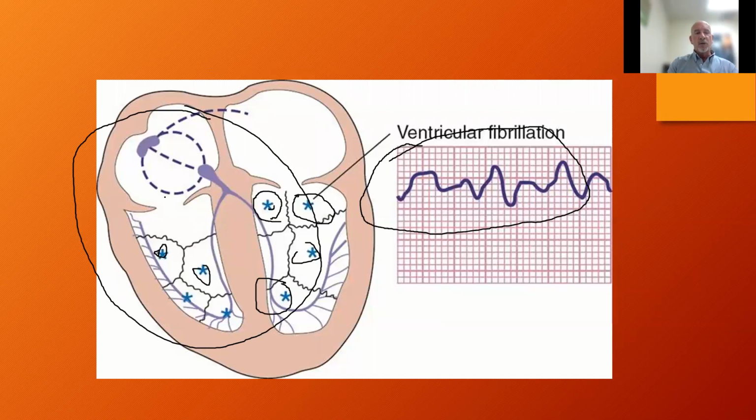And then hopefully the only one that starts back in again is your SA node and you go back to a normal rhythm. That's what you hope for. 90% of the time, that's what happens. How long they stay in that rhythm, well, that's when we start doing other drugs and stuff to try to keep them in that rhythm. And you'll go into all that stuff when you do ACLS.